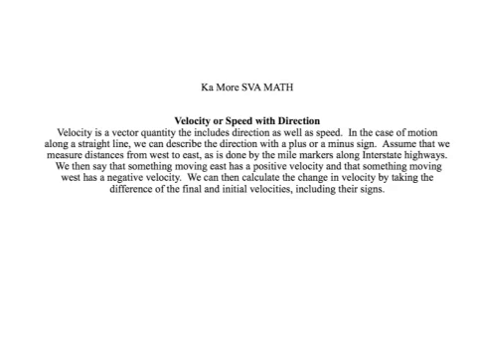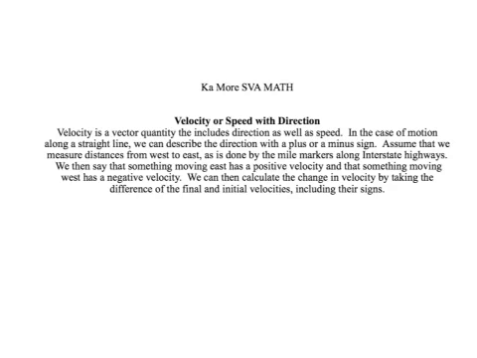Velocity, or speed with direction. Velocity is a vector quantity that includes direction as well as speed. In the case of motion along a straight line, we can describe the direction with a plus or minus sign.